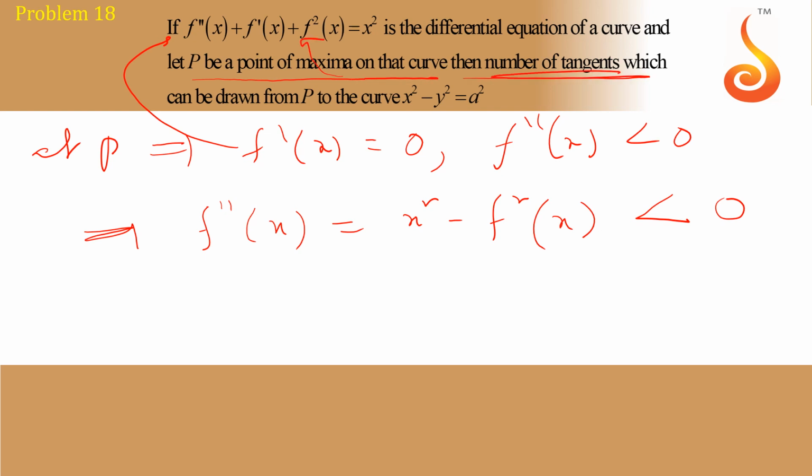Then the number of tangents that can be drawn from P to x square minus y square equals a square. You know that it is a rectangular hyperbola.